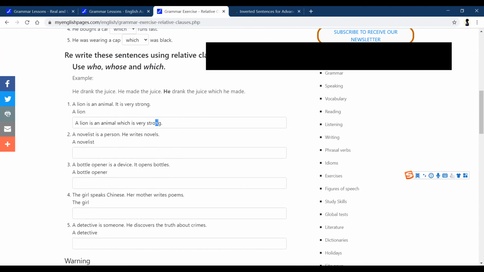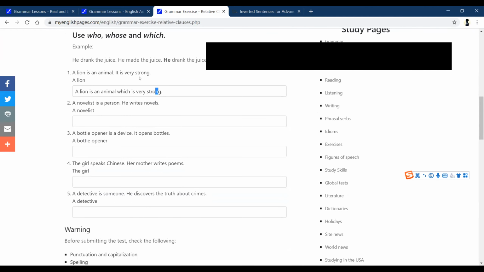This is probably using the same logic as the lion, so we'll just say a novelist is a person who writes novels. Because when you are using which, you usually don't describe a human, but if it's a human, it's a person, you use who.